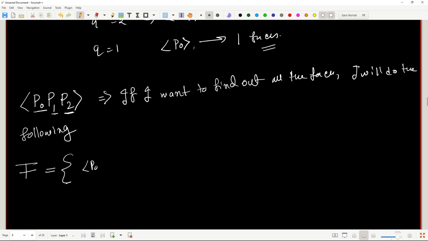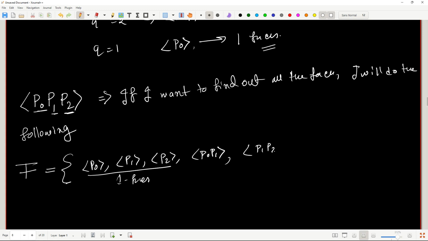The first one is P0, then P1, then P2, right? So these are all the 1 faces. Now I want to talk about 2 faces. I can take P0 with P1, then P1 with P2, and I can also take P2 with P1. These are my 2 faces.